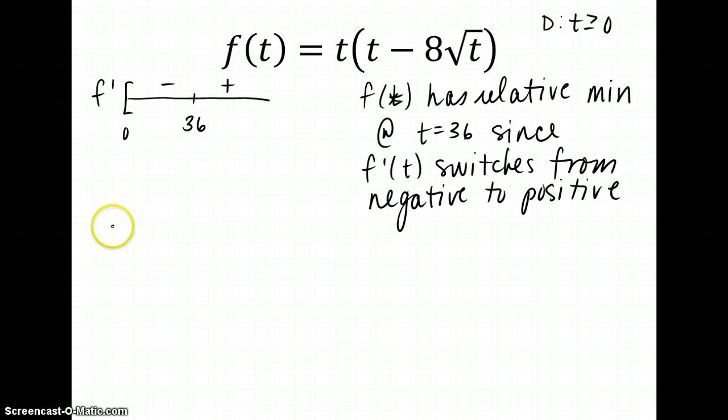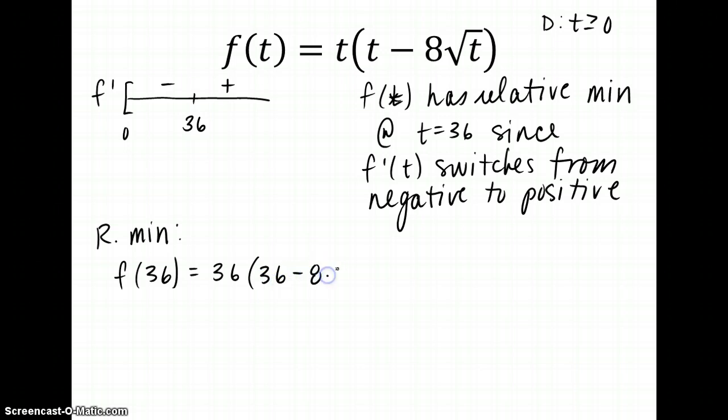And where is the relative min? f of 36 would be 36 times 36 minus 8 times 6, minus 6 times negative 12.